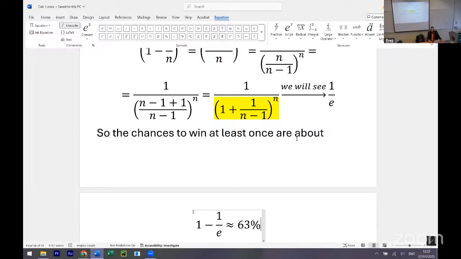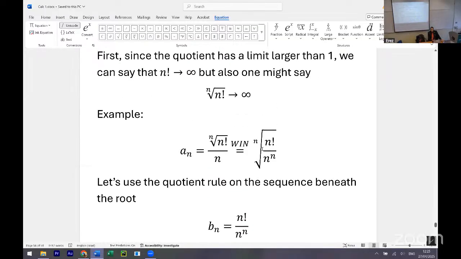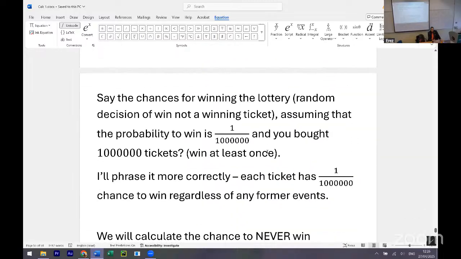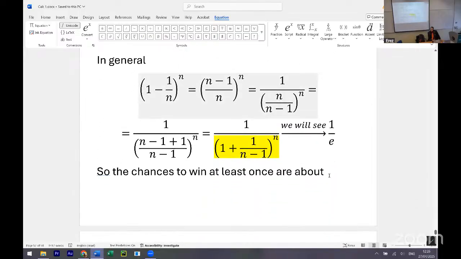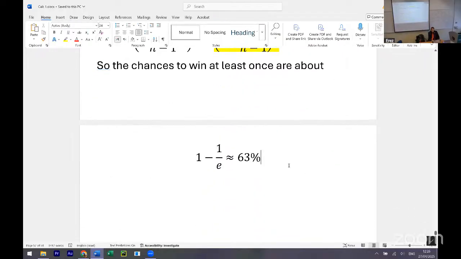You think this is just a random question, like last time when it was the average of the numbers, e. And now the probability, e. And later it will be the derivatives of the logarithm, and e will arise, right? It's a very important constant that appears out of nowhere time and time again. That's the reason we wish to learn about it, because it's there and it's important. Okay, any questions so far?